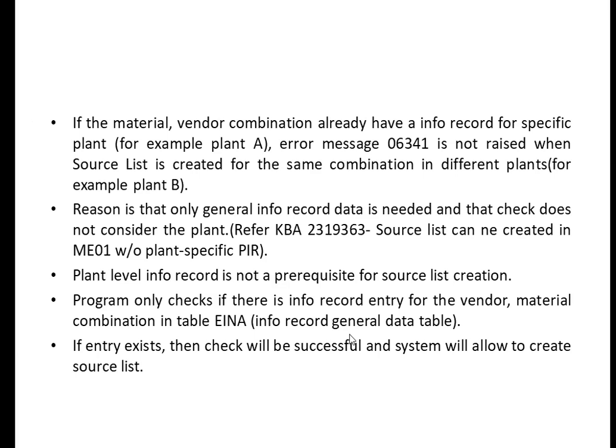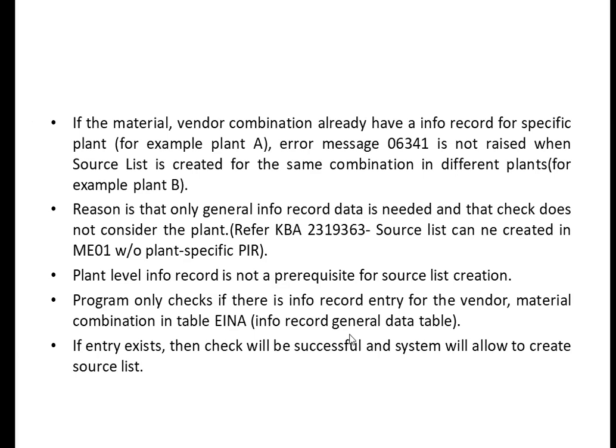In that EINA table, the system will look for that material and vendor information, and if the system finds an info record for that material vendor combination, then the check will be successful and the system will allow us to create the source list. And if the check is unsuccessful, then the system will throw the standard error message 06341. This is about an external vendor.